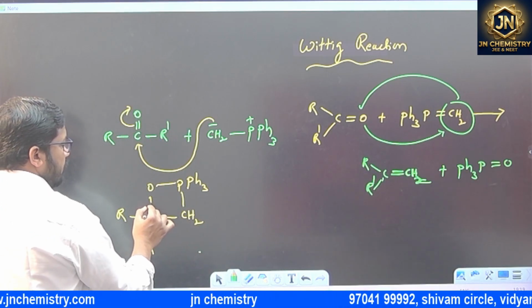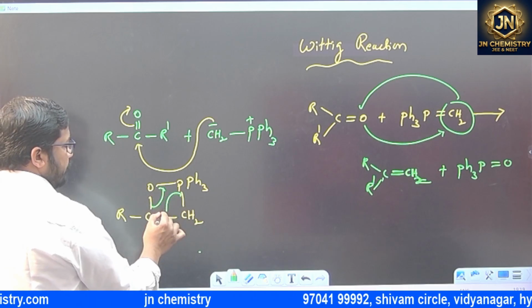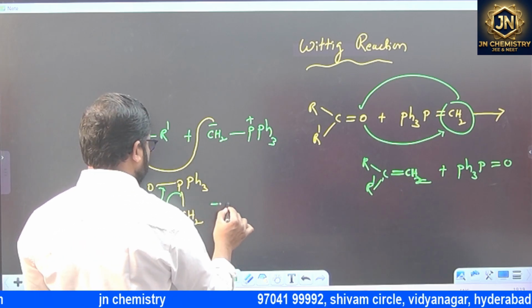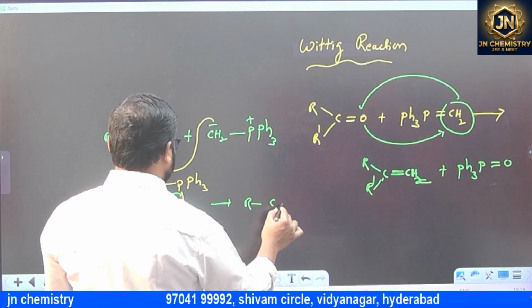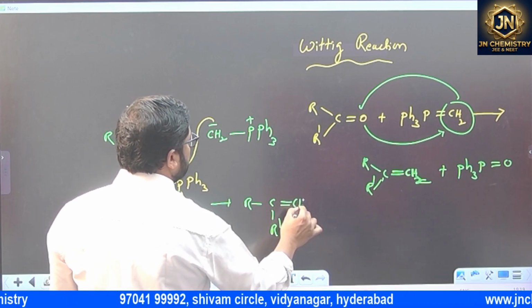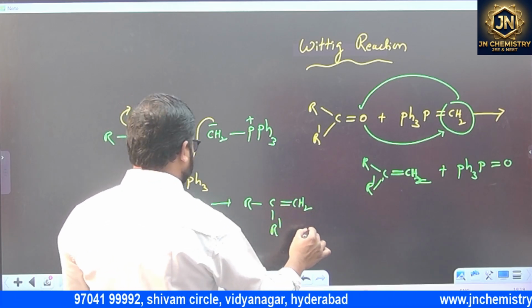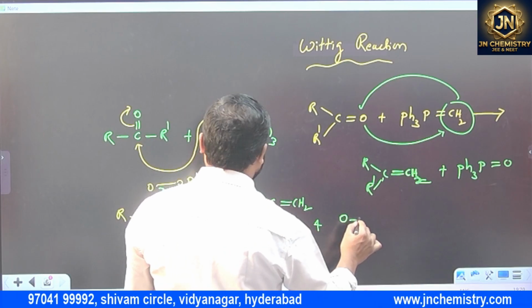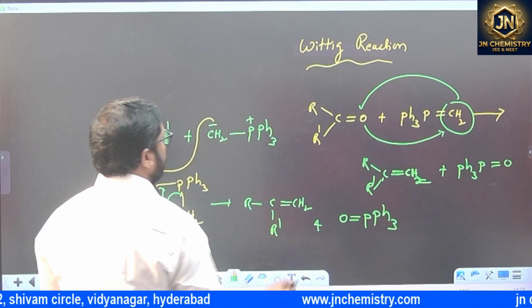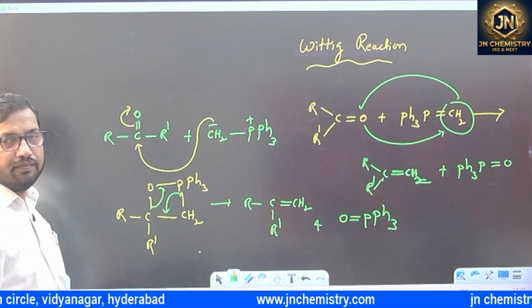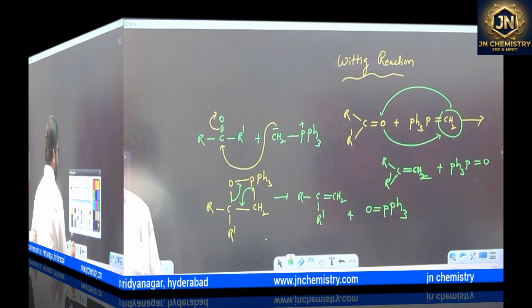So this bond is going like here, this bonding is coming here, so we'll get R dash double bond CH2 plus double bond O, PPh3. This is the mechanism, write it down.